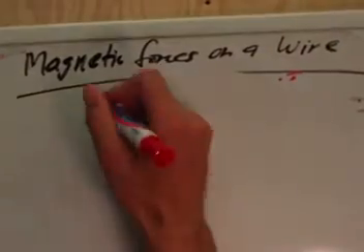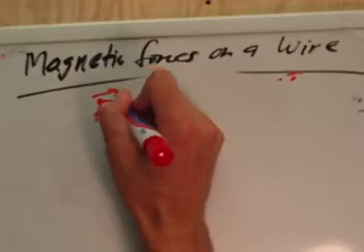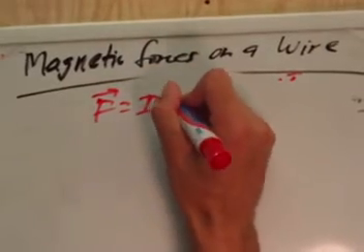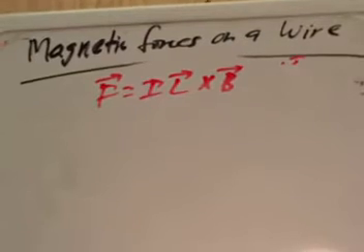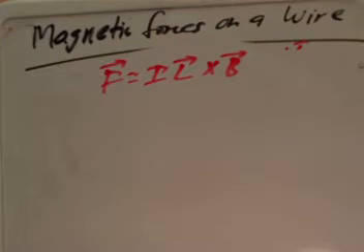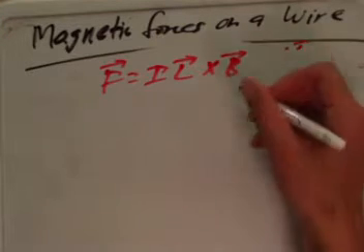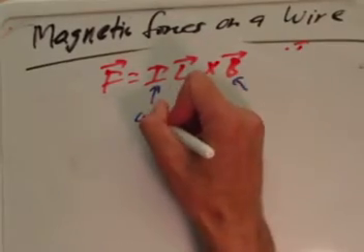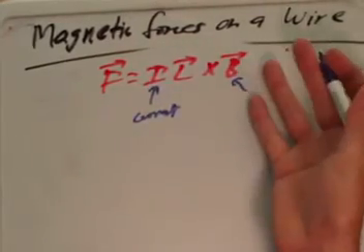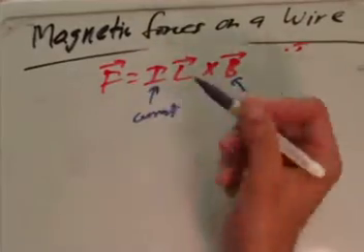All right, so we'll rewrite the law up here so we have it handy. Okay, so let's look at a couple examples. It is a force law, a little bit different one, with a lot of similar properties to the other one. You do need the B field, and you do need a current. You need a B field in both laws, and you need a moving charge in the other one, where here it's a current.